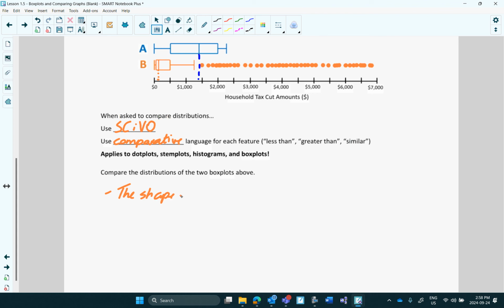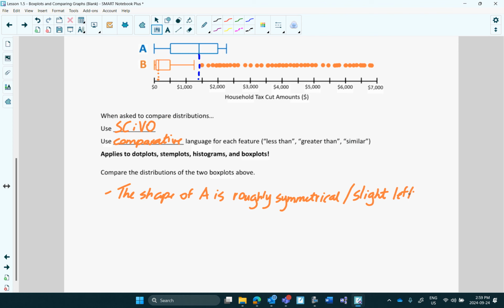So the shape of A is, what would you say? Maybe a little to the left? Roughly symmetrical? Could be that too. So we could say roughly symmetrical, or slight left skew.